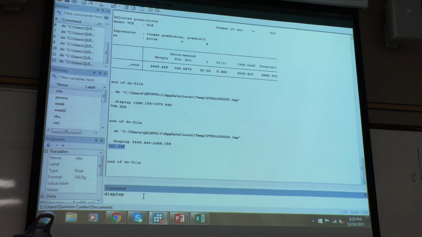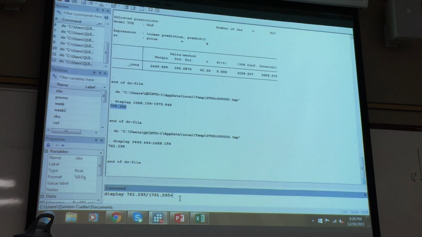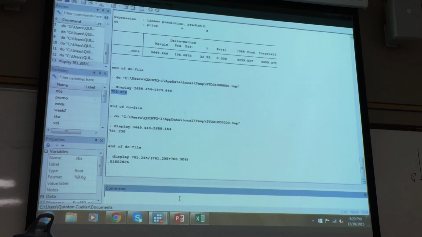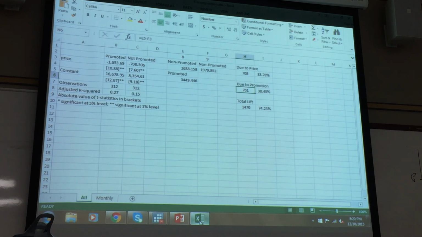Or we can just divide it by the total. Let's see. So that's the total lift. Right? 1%. 38%.